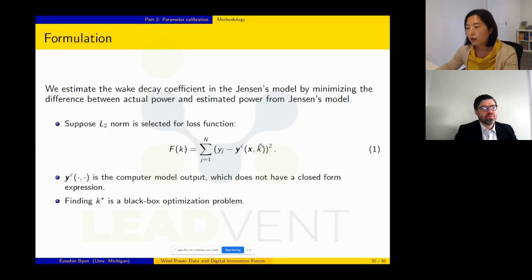And we want to find K that can minimize the difference between this computer model output and actual wind farm output. And here, because this Yc is the output from Jensen's model, which is like a black box, this becomes a really black box optimization problem. Furthermore, this Yc is not really linear. So this becomes nonlinear optimization.